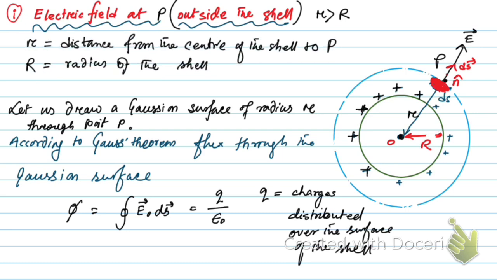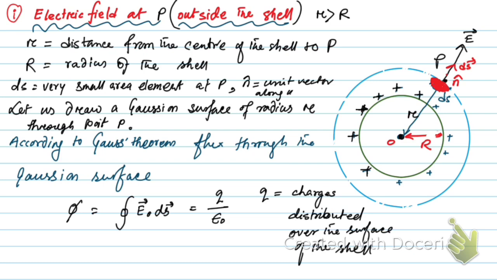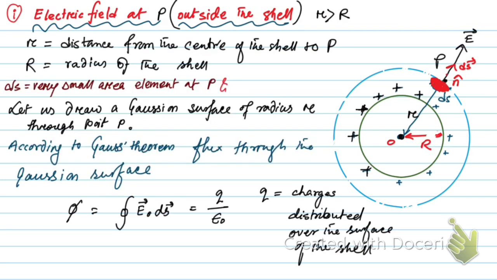Okay, so ds is a very small area element at P, and n cap is the unit vector along the area vector ds.